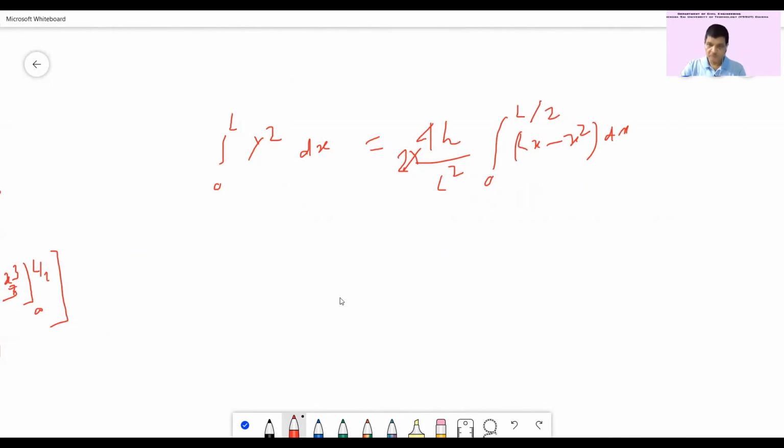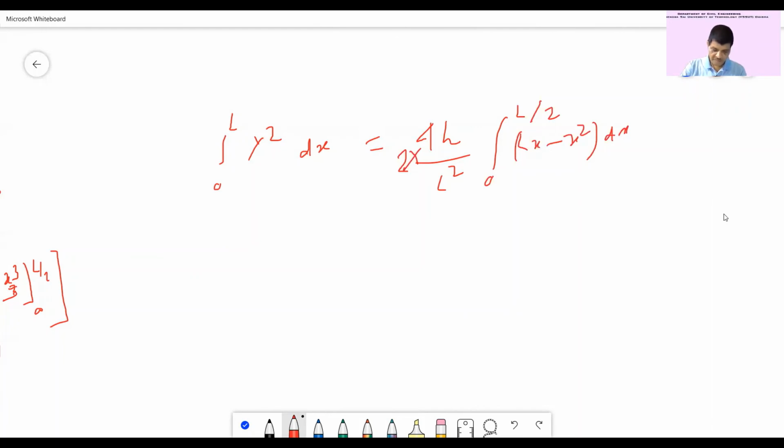So what will we find out? x into L minus x. If you do these integrations, you'll find this value will come. Lx will be x square by 2, and x square will be x cube by 3, right? So that will give these integration values.